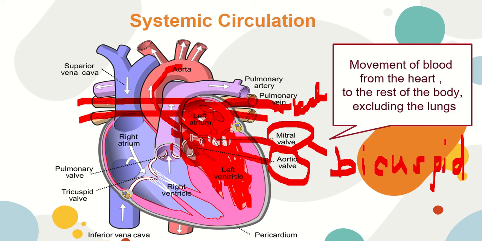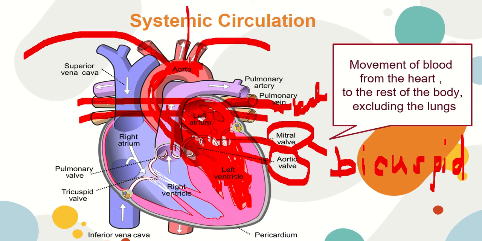So, sabay tong, same sila ng sound. Okay? Now, from left ventricle, papunta kay aorta, and the role of aorta is to deliver the oxygenated blood to the different parts of the body or to the different organs of the body. Okay?